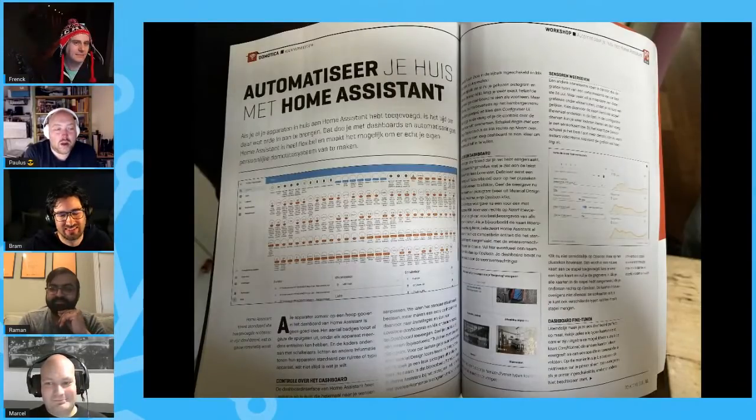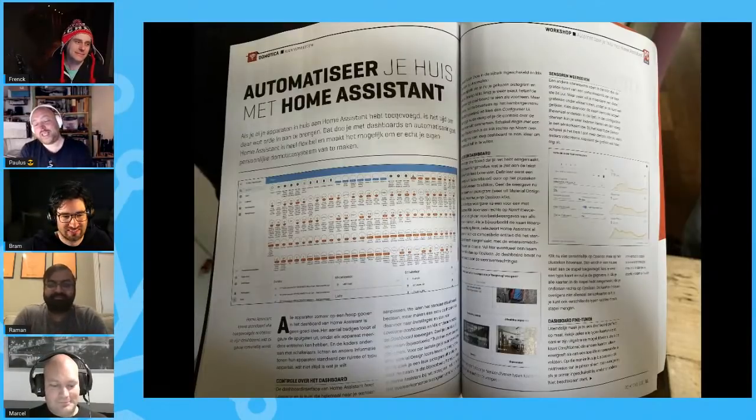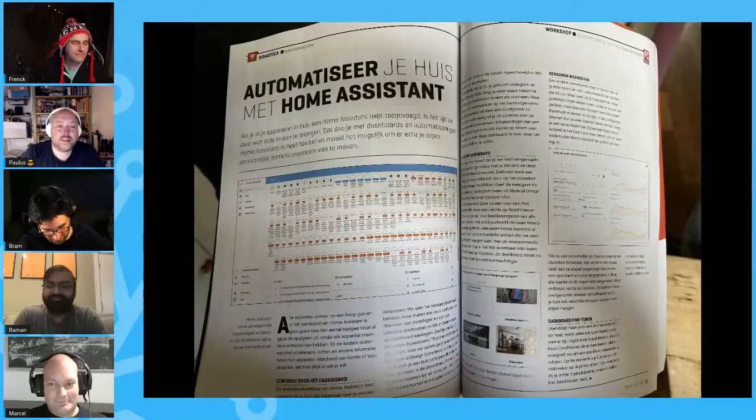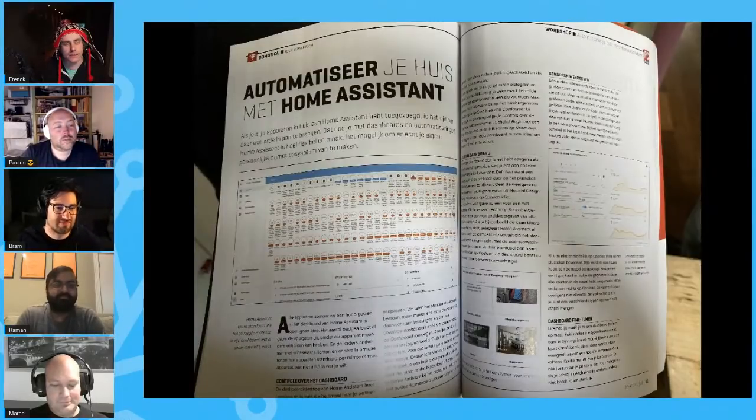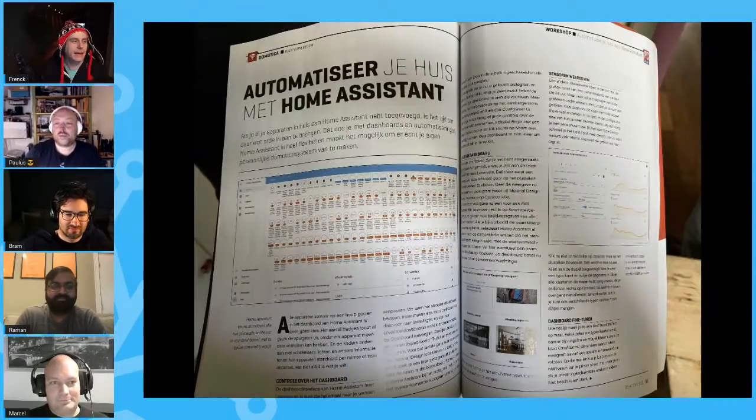It's the Holland Computer Club, the HCC, I guess in English. It used to be the thing for computers back in the day in the Netherlands. They had these big, huge expos in the past. They even had multiple clubs within the club for each interest you had.